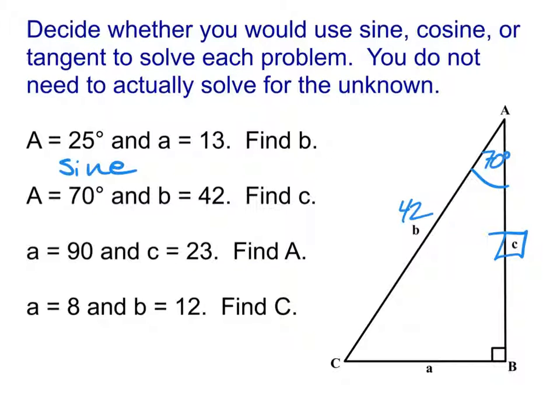Lowercase c, remember, side C. So, what do we call each of these sides? What do we call the 42 side? That is the hypotenuse still, yes. And what do we call the C side? What do we call side C? So I'm hearing some of you say opposite, but the opposite side would be on the other side.